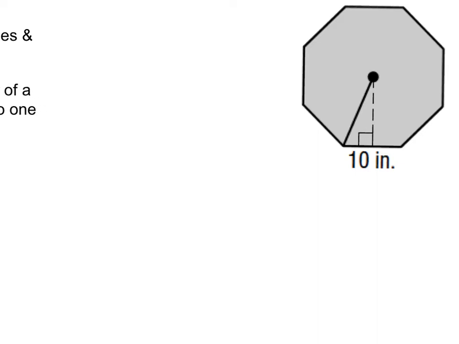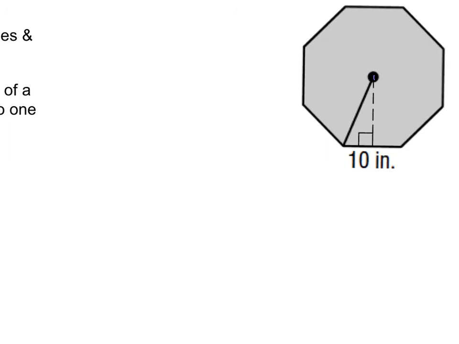Now the easiest way for me to find the area of this polygon is to just divide it up into different triangles. So I can see that they've sort of already started that for me. We've got this one line drawn here, and then the apothem cuts it into another little triangle. So I'm going to go around and divide it into some triangles, sort of like that. I'm actually going to use triangles that are a little bit bigger.